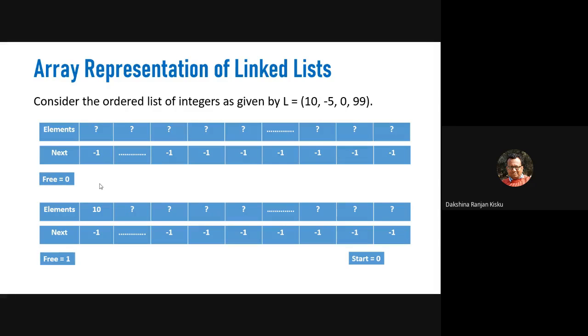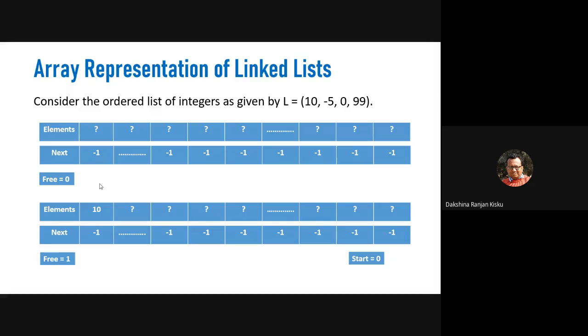So from the first index the locations are free, because after occupying the zeroth index, now we can insert the new elements from the list L. That is why free becomes 1. Okay, and start becomes 0, because we have started from the zeroth index.